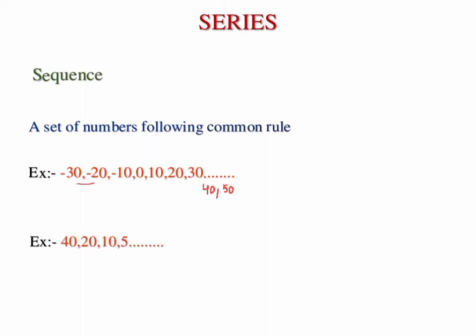40, 20, 10, 5. If you observe here, each number just after another consecutive number is divided by 2, it is getting halved. Means 20 is got from 40 divided by 2. 10 is 20 divided by 2 and 5 is 10 divided by 2.